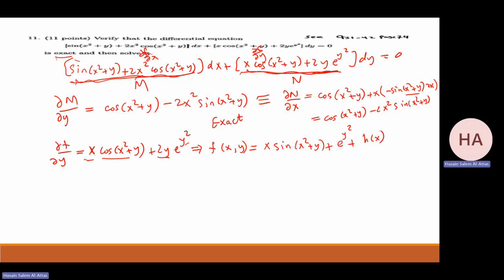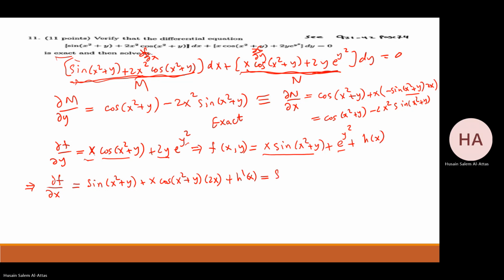Okay. Now, partial f with partial x will be what? This one, I have the product rule. So I have sine x squared plus y plus x cosine x squared plus y times 2x. Okay, this is a function of y, so this is 0 plus h prime of x. That gives me this one. I think we are used to this procedure now.